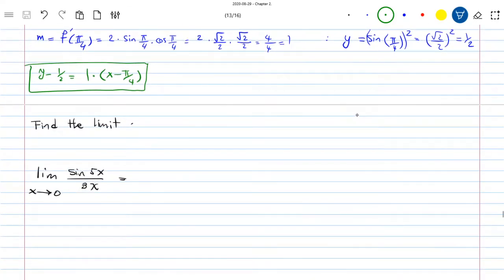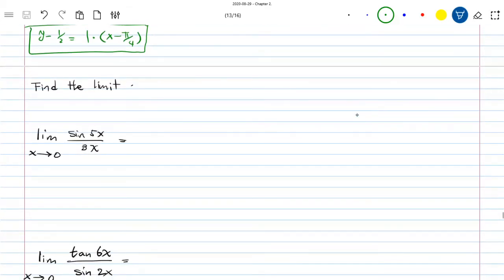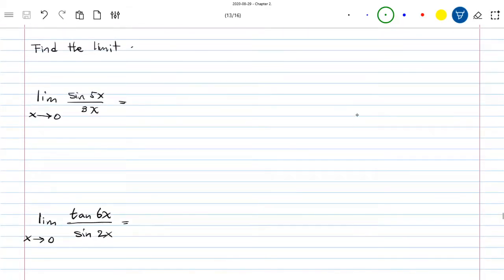Okay, before I stop this section's topic, there are a couple of examples about the limit of the identity that we learned. You can generate certain questions, something like these limits. The identity that I mentioned at the beginning was limit of sine x divided by x as x approaches 0 is equal to 1.